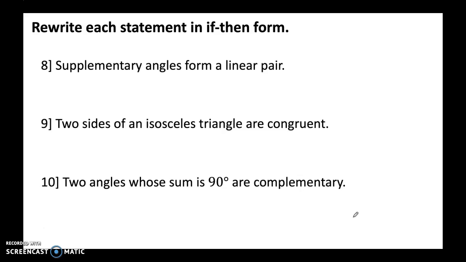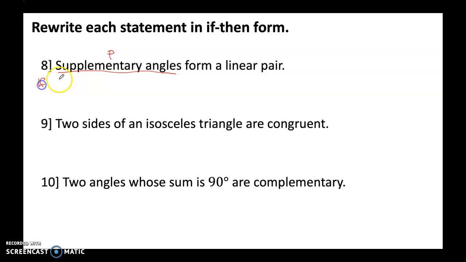Next, number 8, supplementary angles form a linear pair. So our subject in the sentence is supplementary angles. They form a linear pair. So this is our P statement, and the rest will be our Q statement or conclusion.